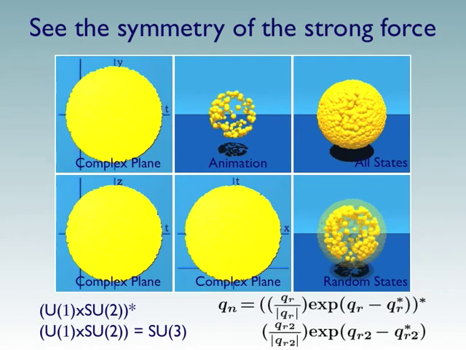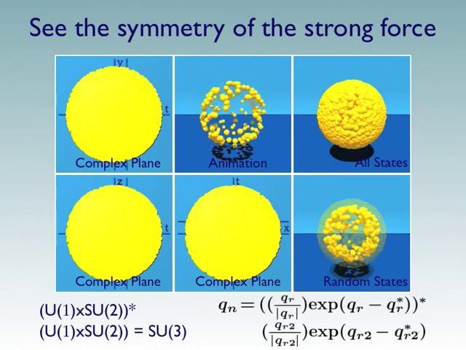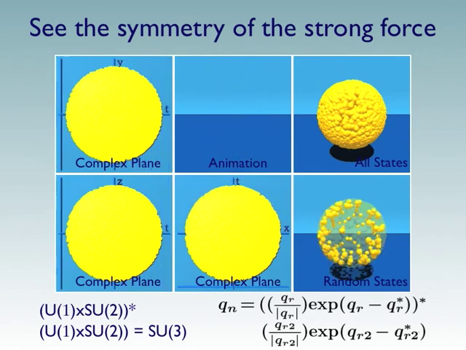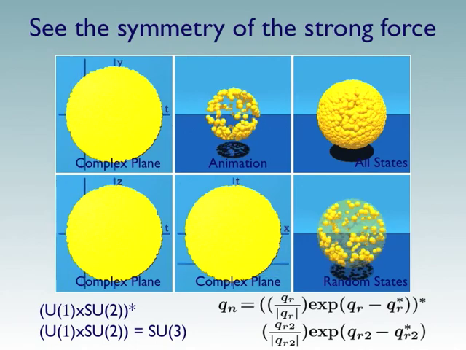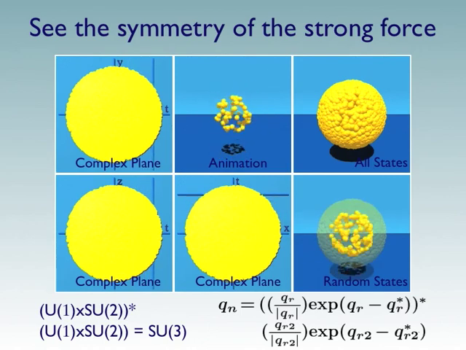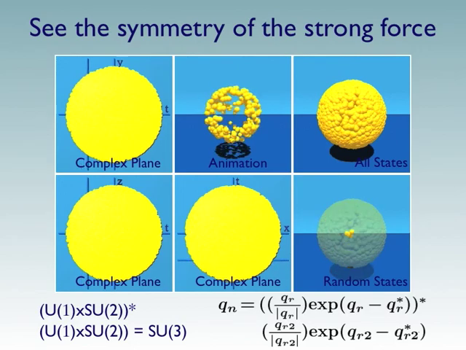But why mathematically it should be different when they're all the same sort of tensor product is not explained. Here we have a visual justification for it, in that U1 and SU2 really are closer together because they are part of one quaternion.